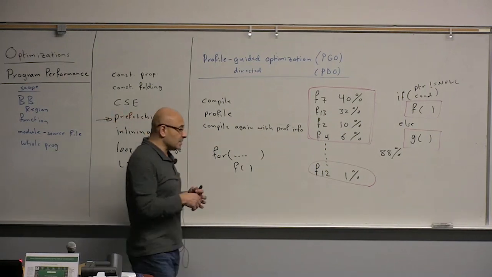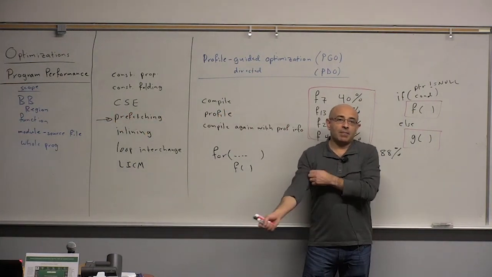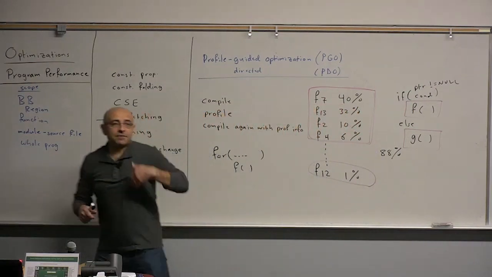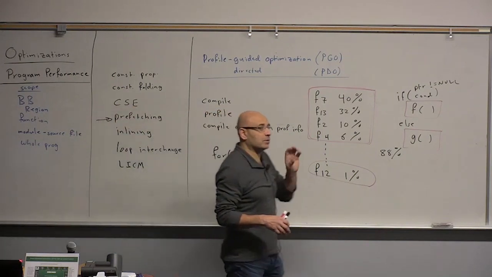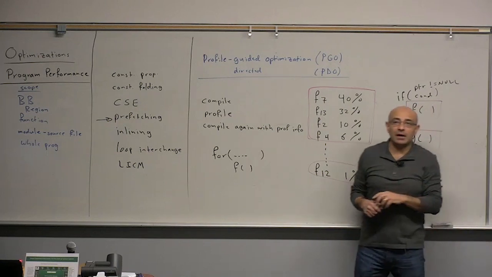And the implication of that is that spill code will be placed in the least frequently executed basic blocks. So you want to put your spill code in the least frequently executed basic blocks.